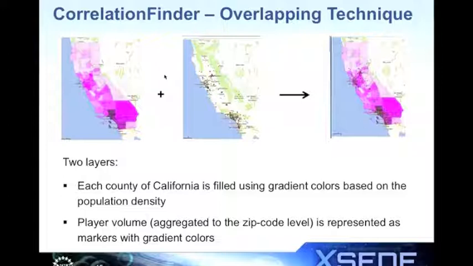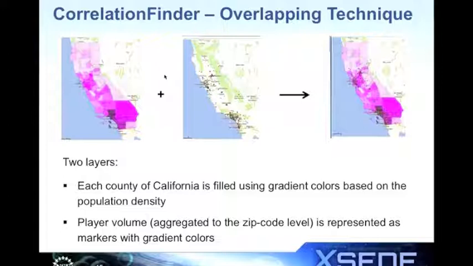This figure shows the mechanism, how the two-layer representation works to discover the correlation. This figure is to try to find the correlation between the population density and the player volume.